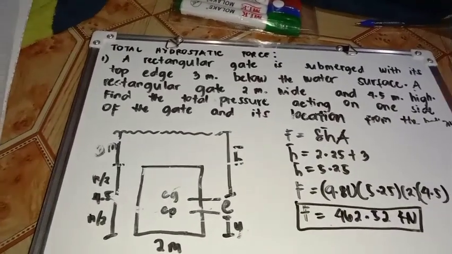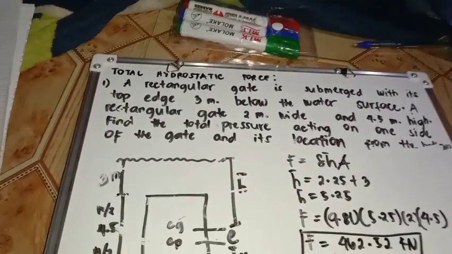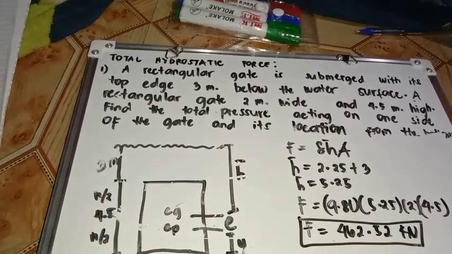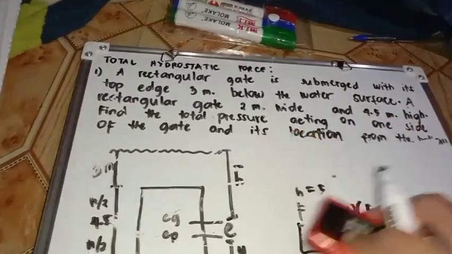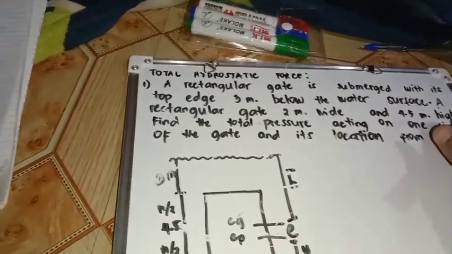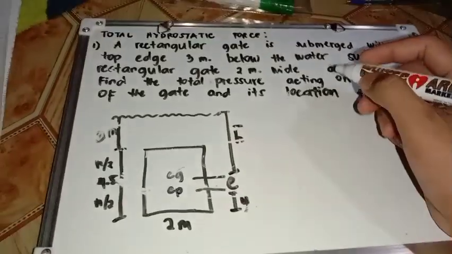So, second na atong pangitawon is the location of the bottom. So, first is you must find the eccentricity.